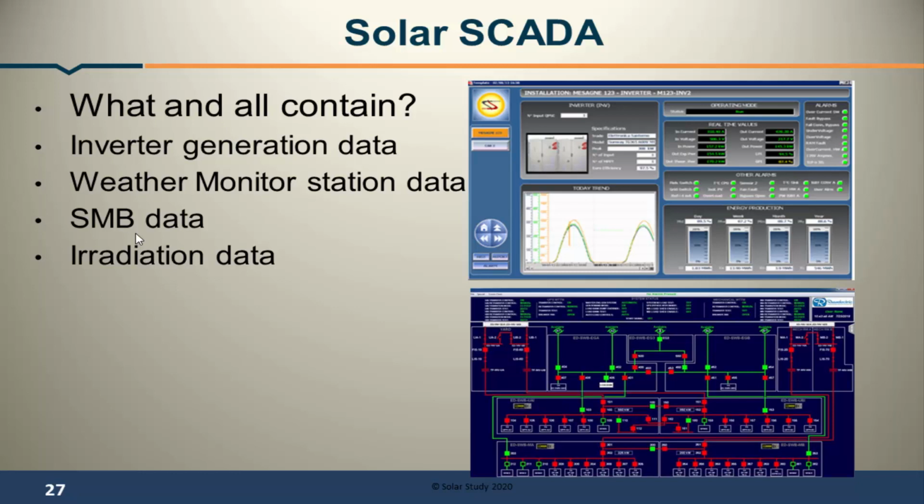Similarly, what happens if we consider the 9 SMBs, because a 1.25 megawatt plant contains 9 SMBs. Each SMB contains 12 strings and each string contains 48 panels. So almost 576 panels for 1 SMB.